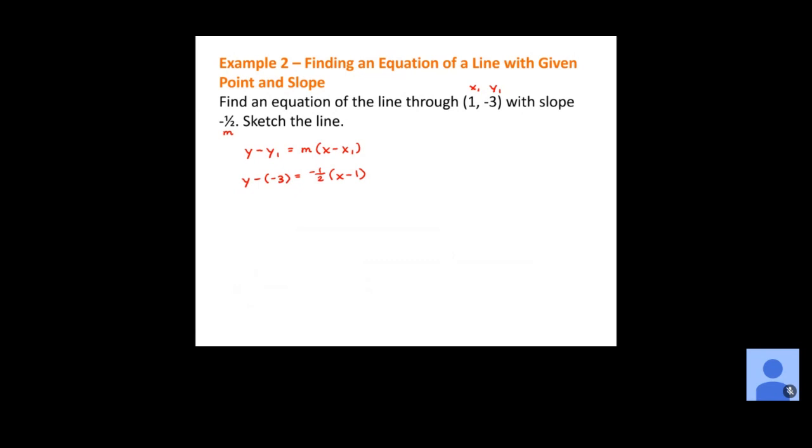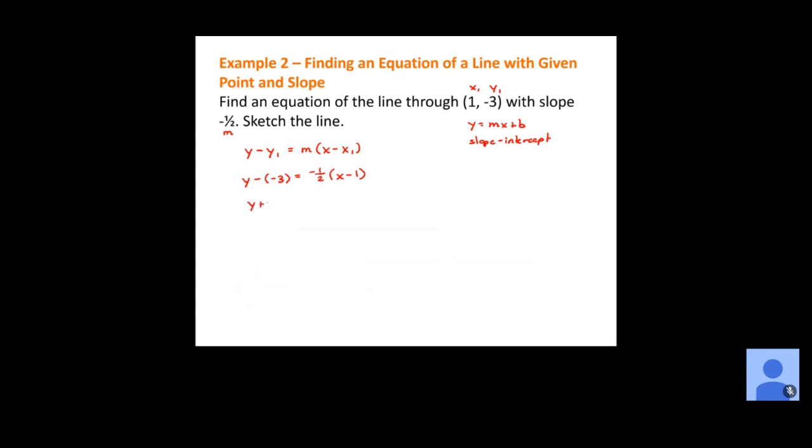Okay, but does anybody remember the form for slope intercept? Good. So y equals mx plus b is what we call slope intercept form. And so if you're asked to put it in that form, then we just need to solve this for y, right?